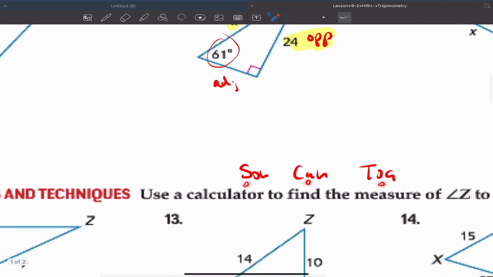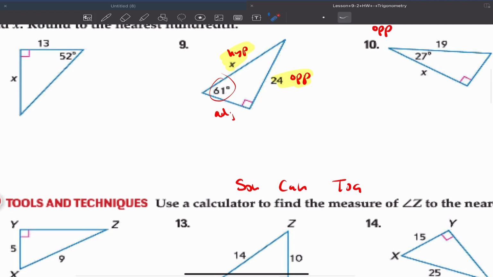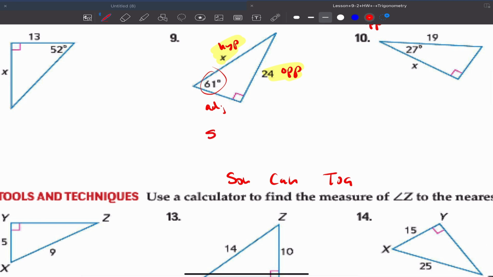Which one do we use? Which trig function has opposite and hypotenuse? That would be SO, right? So I write sine of your angle of reference, which is 61. It equals your opposite over hypotenuse. That's 24 over x.